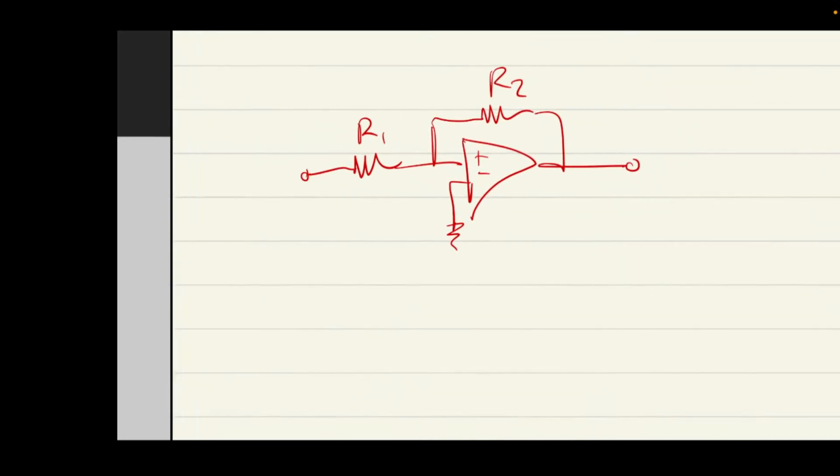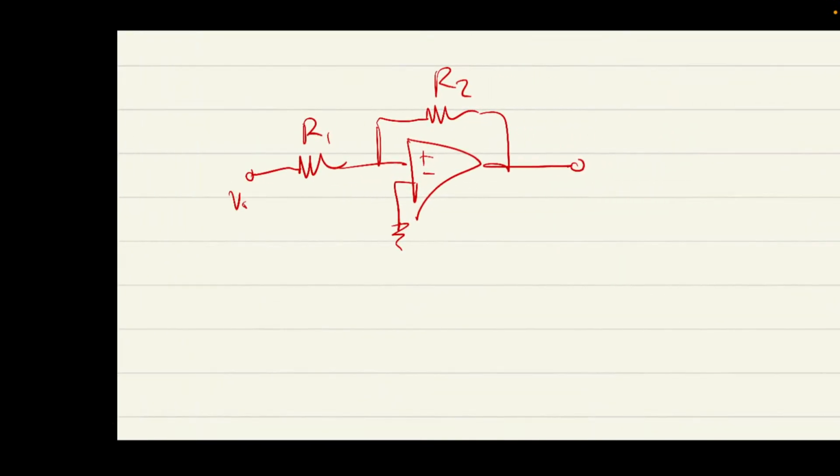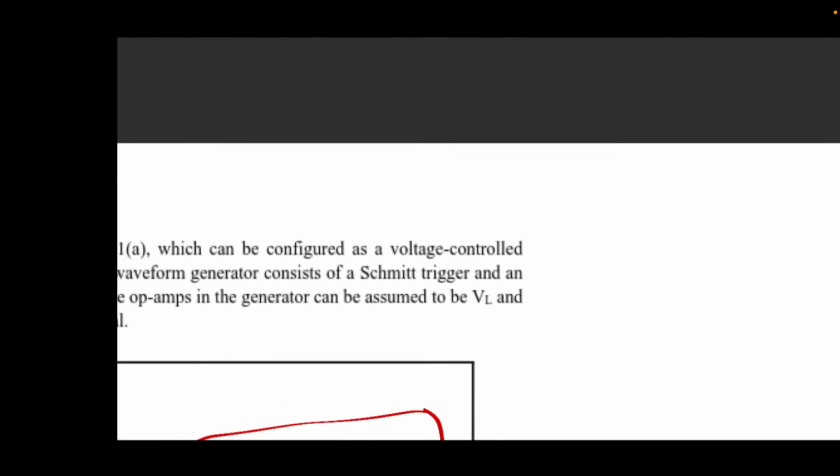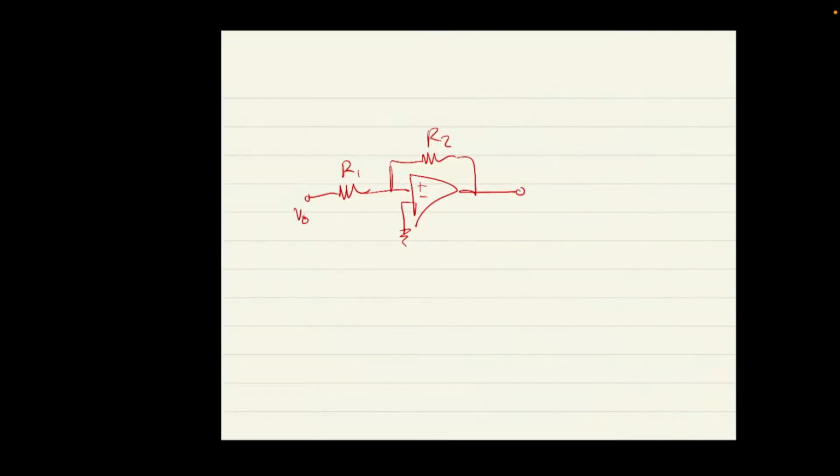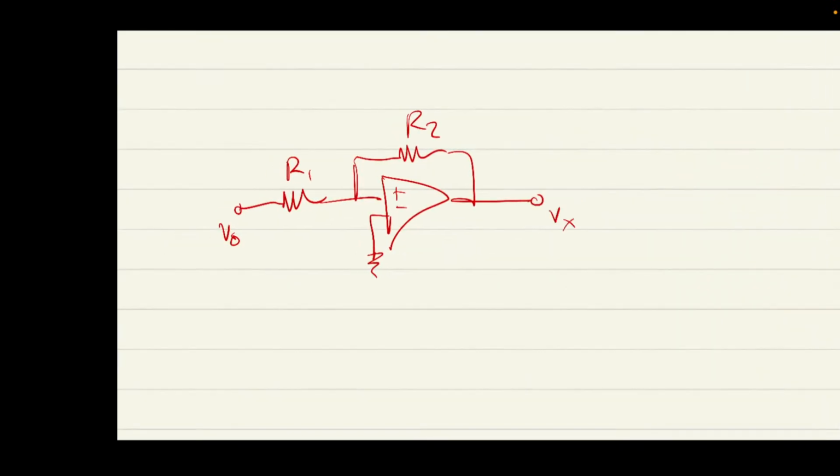So we labeled the input of the Schmidt trigger as VO. That's not because it's the output of the trigger, it's because it's the output of the amplifier and it comes back in. And then this is Vx.